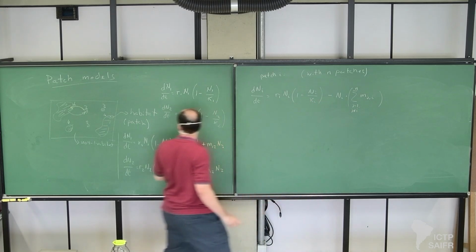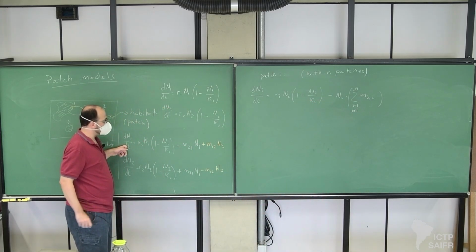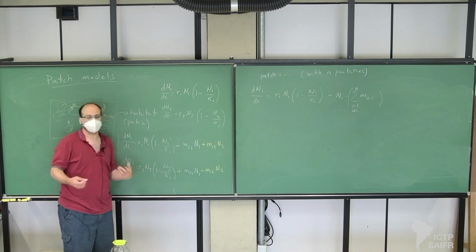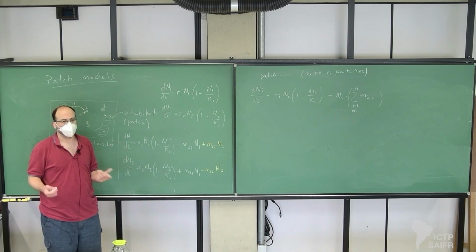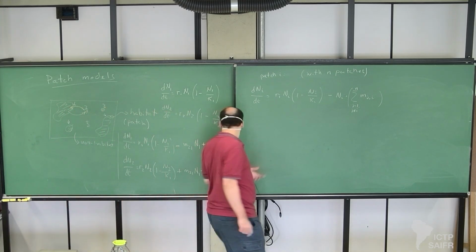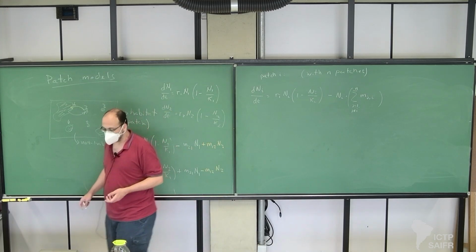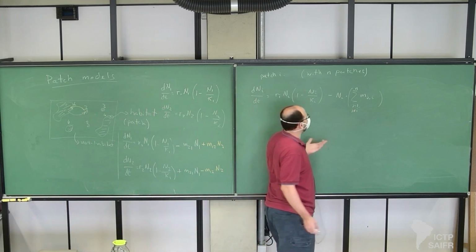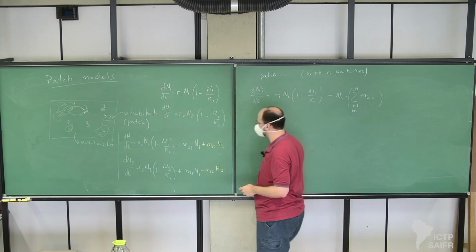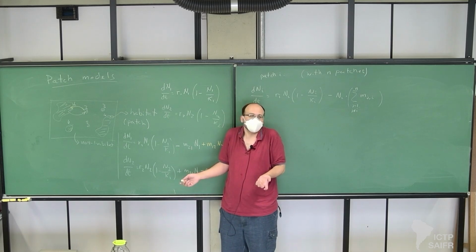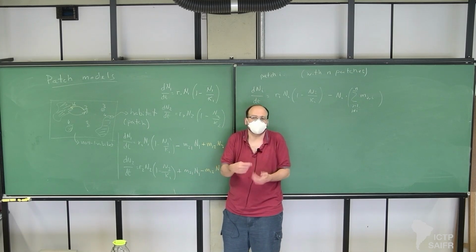So if I'm looking at patch 1, I don't have the n_11 term here, right? Because it doesn't make sense to migrate from 1 back into 1. If I don't want to do this, it would also be a little bit smart to say, okay, I can include this term when i goes to j. I just have to define n_ii equal to 0, and then even if I sum, this term is 0.